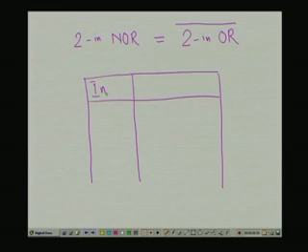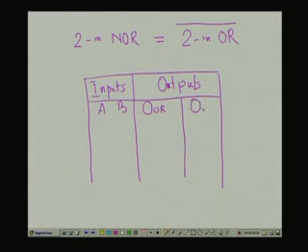My inputs are similarly A and B, and the outputs are output for OR and output for NOR.